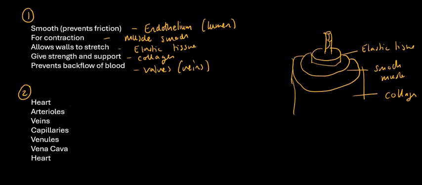Then, so now starting with the heart, we're going to go to the arteries first, then the arterioles, then the capillaries, venules, and then the veins, which is the vena cava, before returning back to the heart.